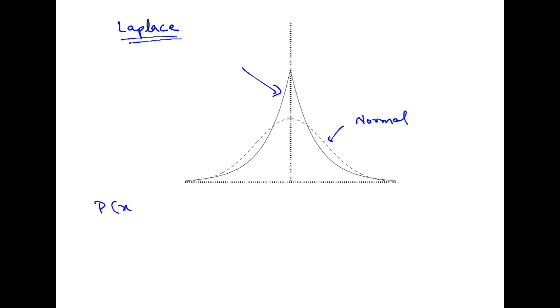P of X is some normalizing term e to the power minus absolute value of x minus a divided by b. Let me use a and b. Right? So in Gaussian we have square. In Laplace we just take the absolute value. Okay, so this is Laplace distribution.